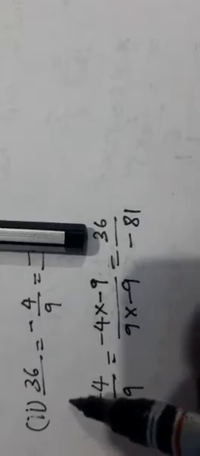That is minus 9, because minus into minus is plus, 4 nines are 36. Take the denominator and multiply by minus 9 in the denominator again. Plus into minus is minus. 9 nines are 81. In this way we fill 36 divided by minus 81 here.